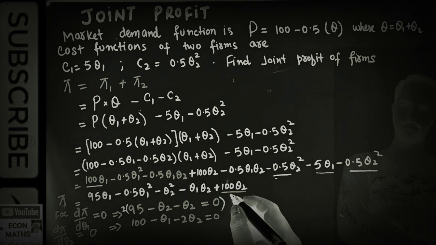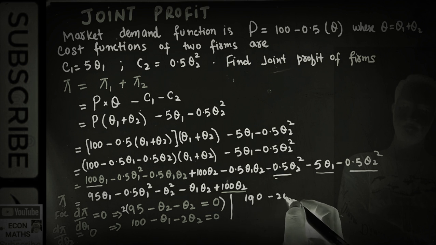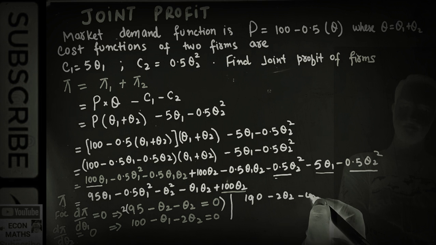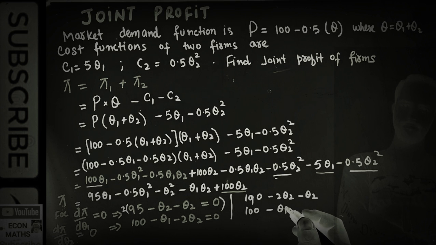So we get 95 into 2, which is 190, minus 2 q2 minus q2. Then we have this equation, 100 minus q1. I guess I have made some mistake here.